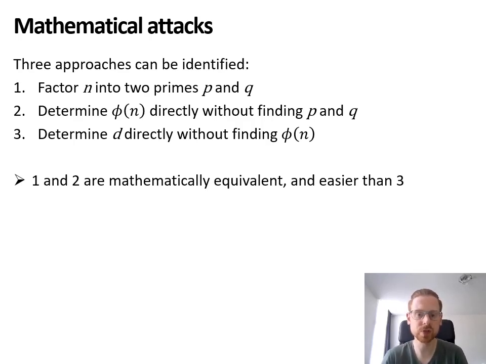The first two have been shown to be mathematically equivalent, so the difficulty of factoring n into 2 primes or determining the totient of n given n are equally difficult. The third one, directly determining d without first finding the totient of n, is considered more difficult, so an attacker would go for one of the first two approaches.